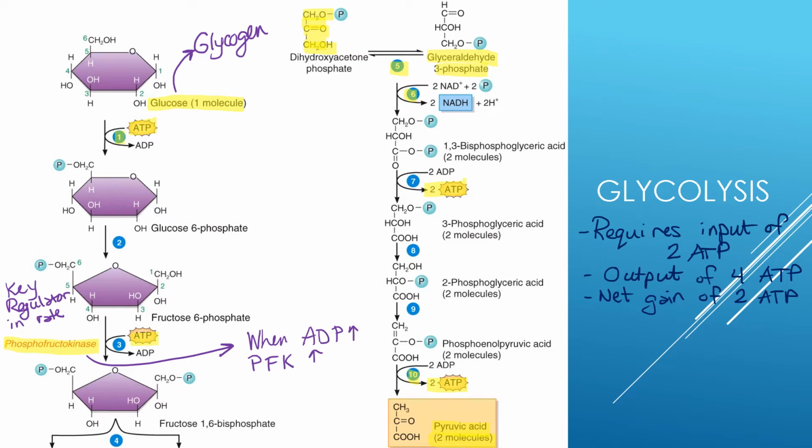We also get 2 NADH produced. And then our last takeaway is that phosphofructokinase is a key regulator in the rate of glycolysis.